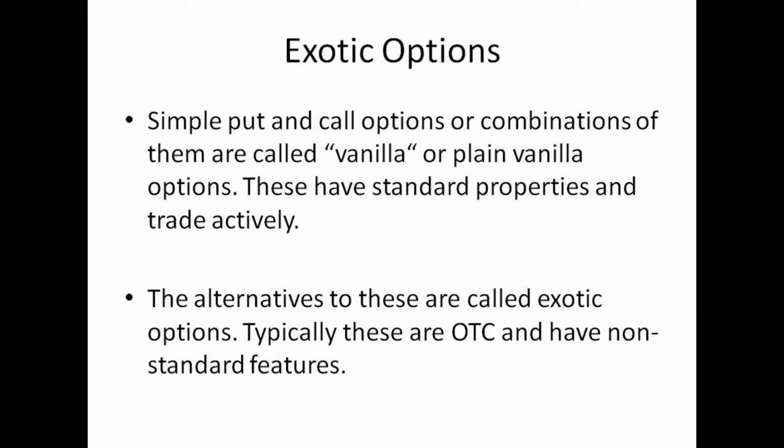So our plain vanilla options, like puts and calls, have standard properties and they trade actively. They're usually also exchange traded and cleared, while a lot of the exotics tend to be over the counter and they have non-standard or unusual features, and so they tend to be more difficult to price.